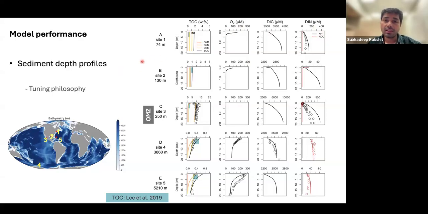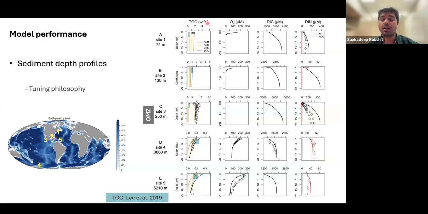You see that for total organic carbon, the model performs pretty well where the observations do exist. But in some cases, the machine learning predictions can differ a lot compared to the observation, for example in the shallow basin and in the oxygen minimum zone.